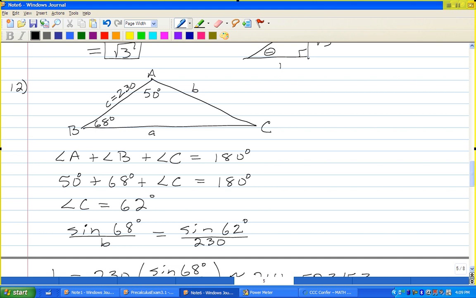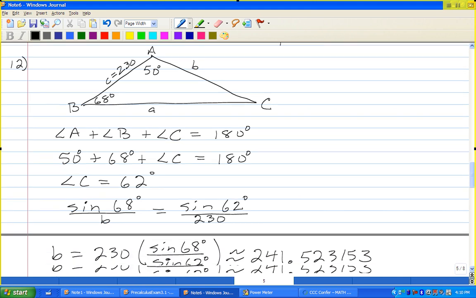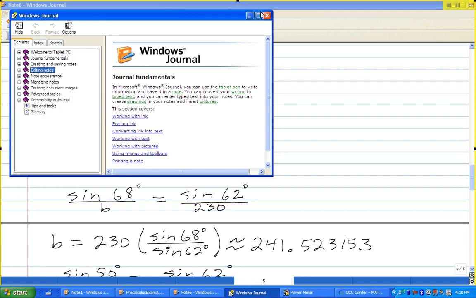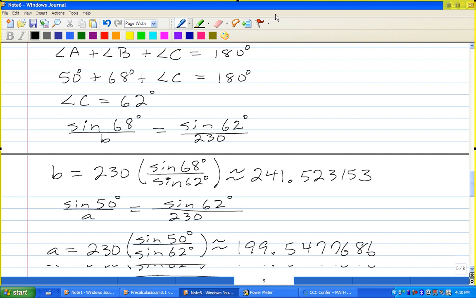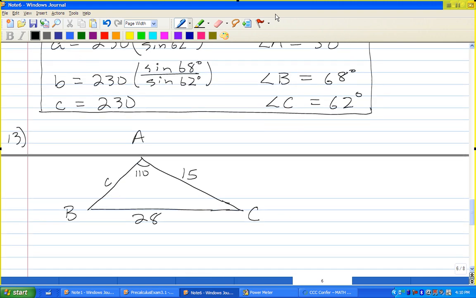Let's see, problem 12 has the right numbers: 50, 68, yes, those are all correct, and 230 for C. So those were correct. Now for problem 13, it is 28 for A, 15 for B, and 110 for A. Okay.